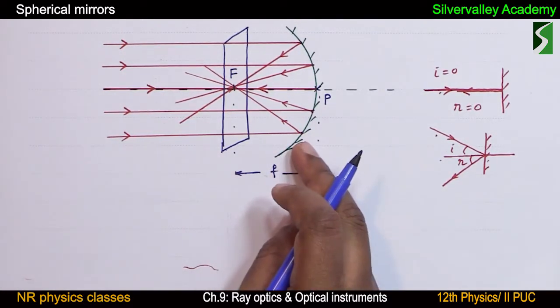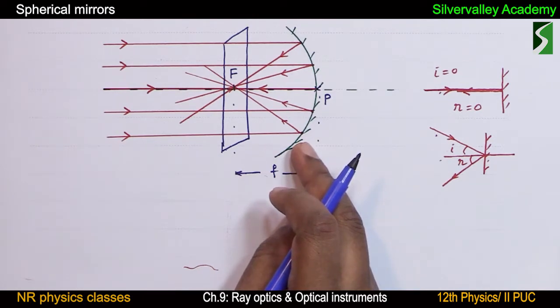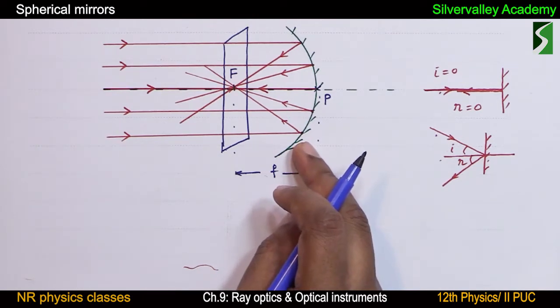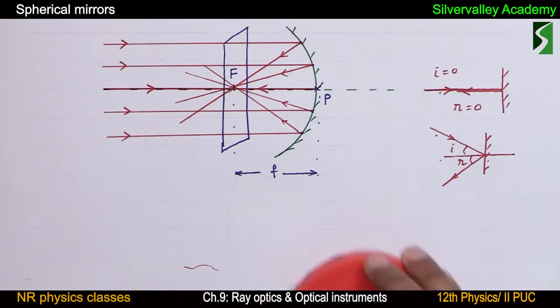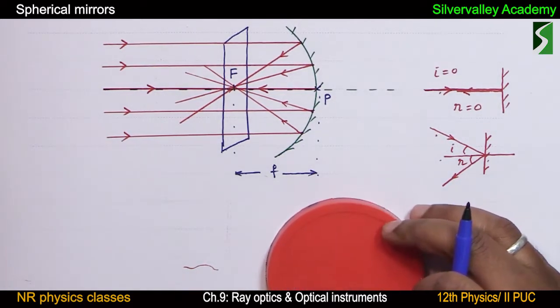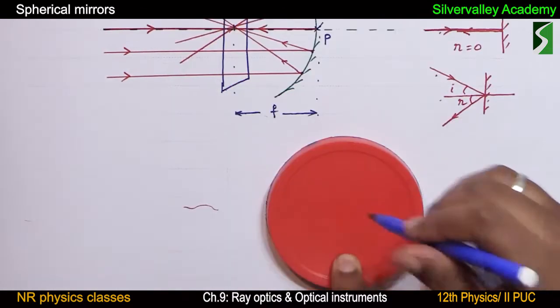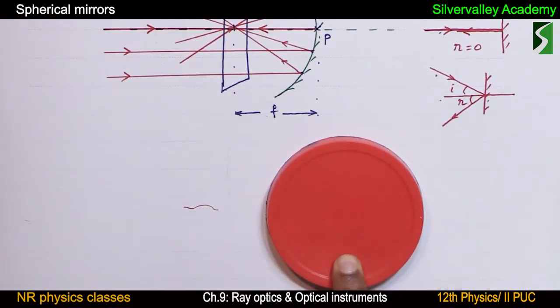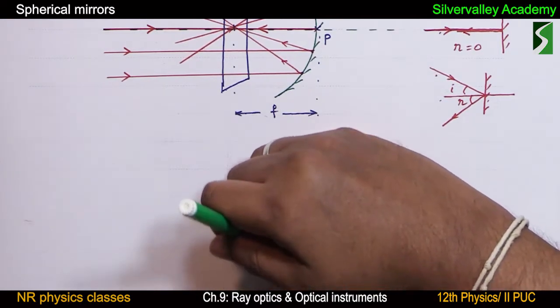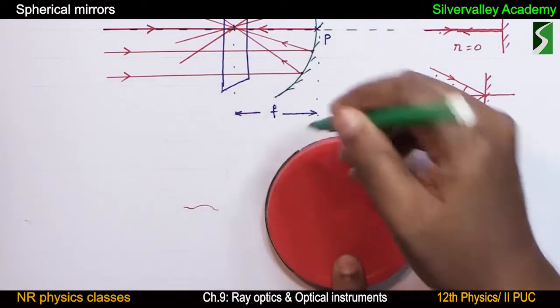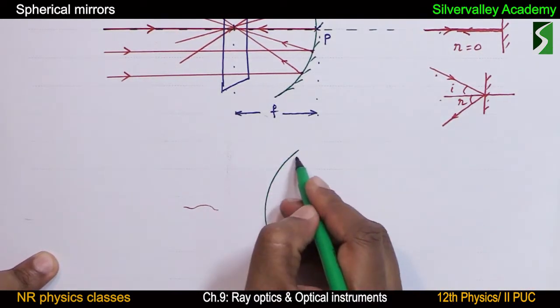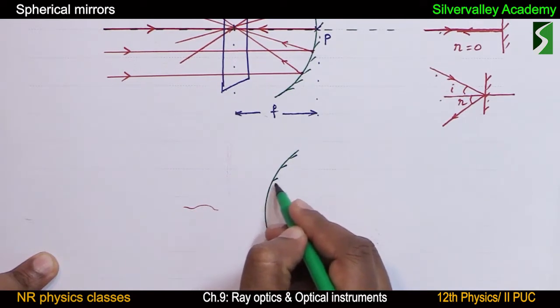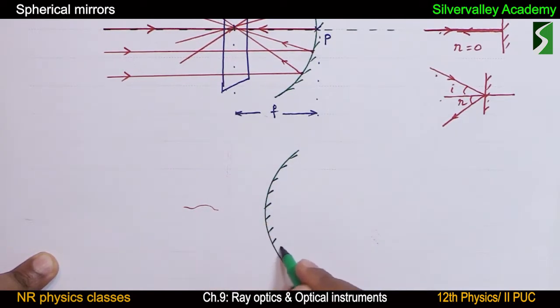Now let us go through reflection by a convex mirror. Since it is a convex mirror, the concave surface is the reflecting surface.